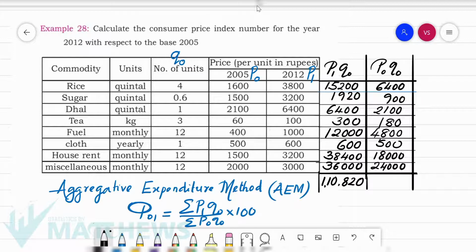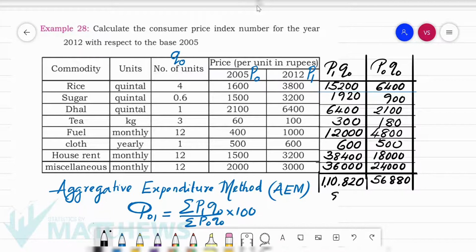Let me verify it manually. 6,400 plus 900 plus 2,100 plus 180 plus 4,800 plus 500 plus 18,000 plus 24,000 is 56,880.